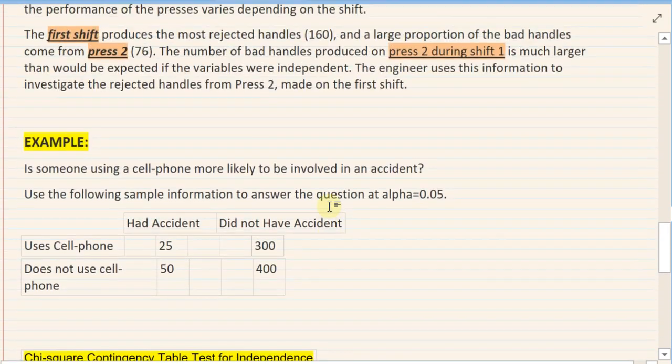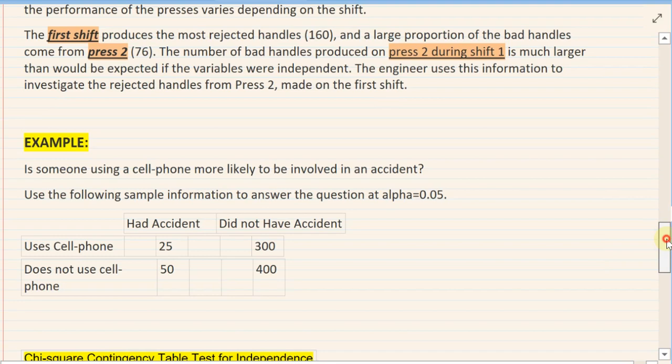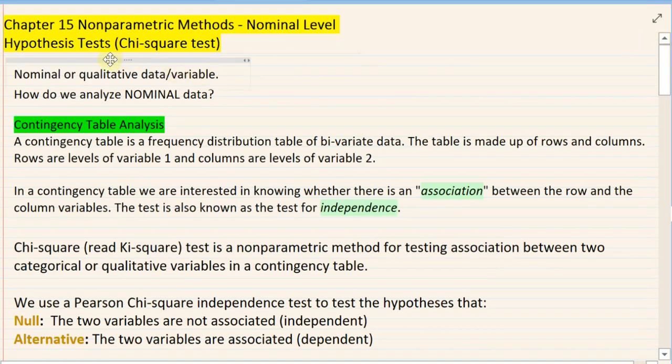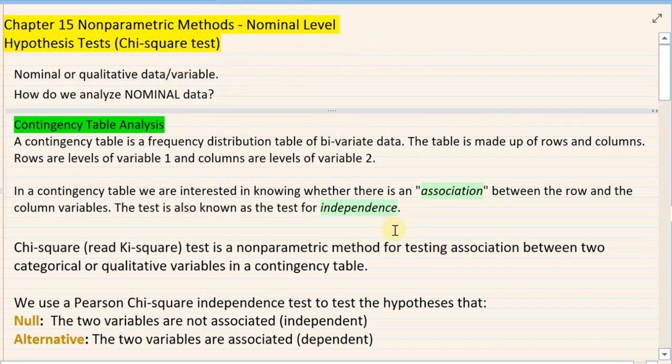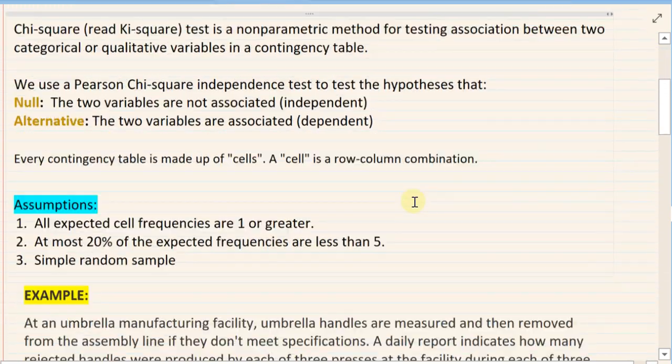So hopefully you followed everything we did. It's a pretty simple but very powerful method for testing hypotheses for nominal data, the chi-square test for independence. Very common and very powerful. So with that, we are done with chapter 15. Hopefully you'll be able to do your homework in this chapter, and please watch the video again in case you need to reinforce some ideas.